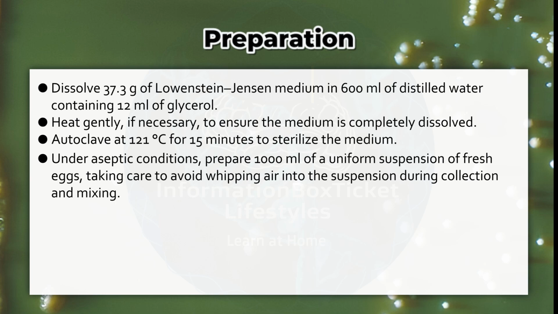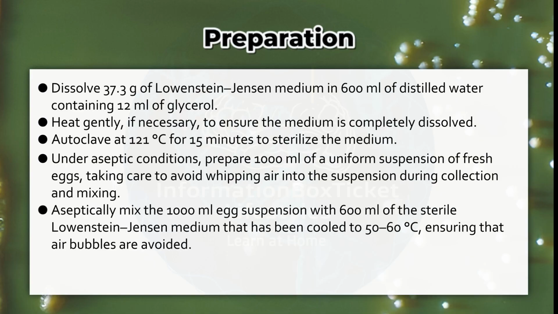Under aseptic conditions, prepare 1,000 milliliters of a uniform suspension of fresh eggs, taking care to avoid whipping air into the suspension during collection and mixing. Aseptically, mix the 1,000 milliliter egg suspension with 600 milliliters of the sterile Lowenstein-Jensen medium that has been cooled to 50 to 60 degrees Celsius, ensuring that air bubbles are avoided.